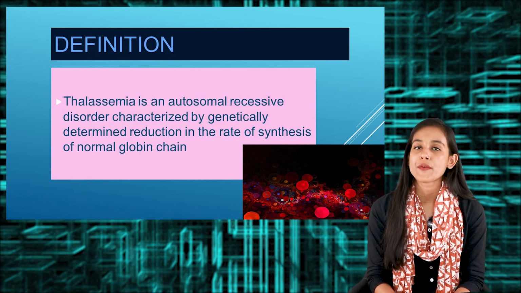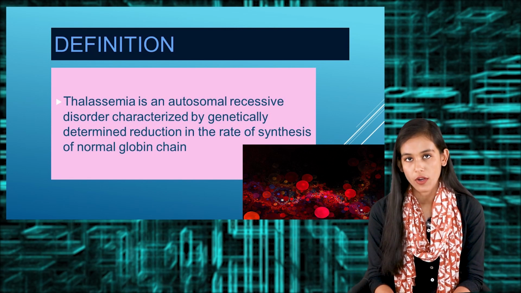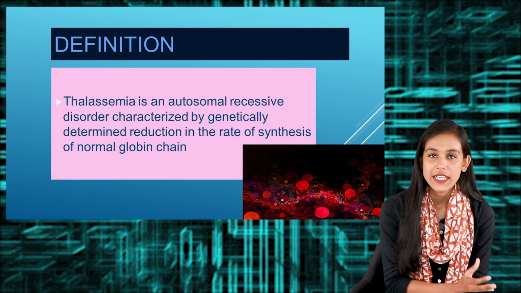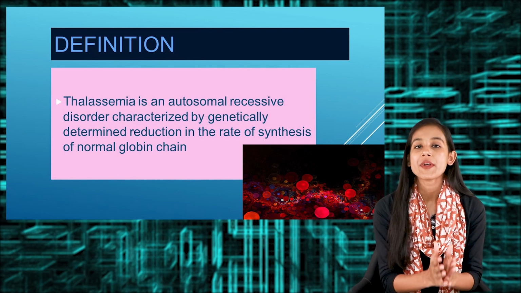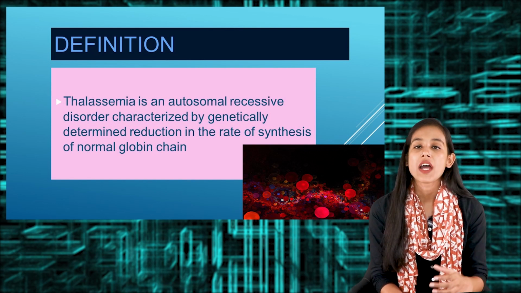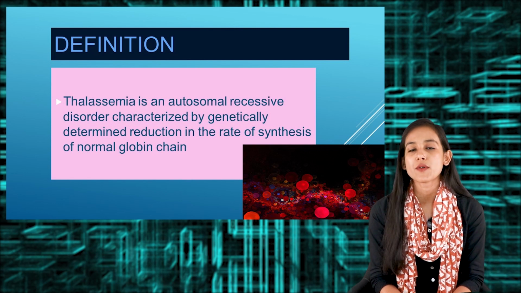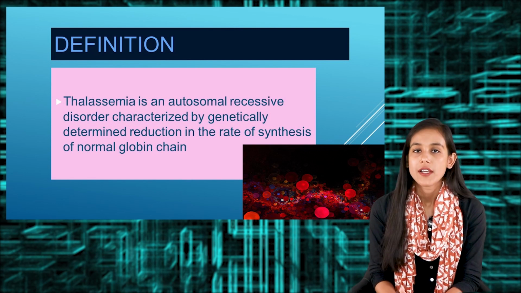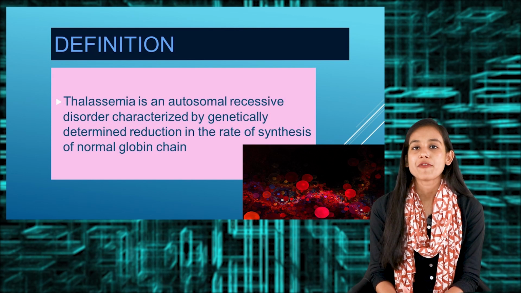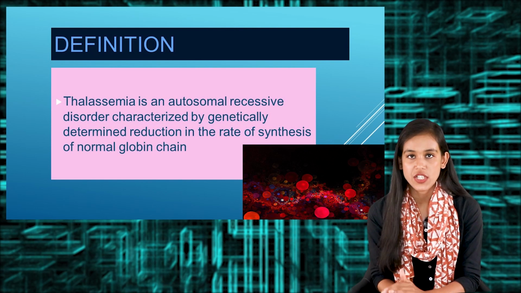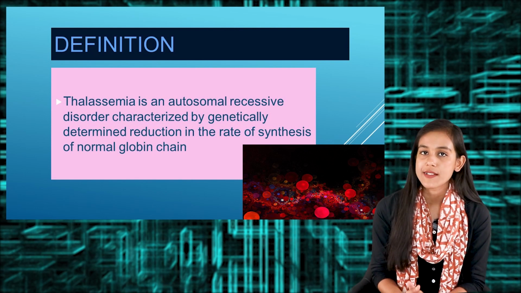And then we are also saying that it is an autosomal recessive disorder, right? So what do we mean by recessive? We understood about autosomal, right? Now, recessive means, let us take an example. If we take the beta globin chain, here we have 2 genes, right?